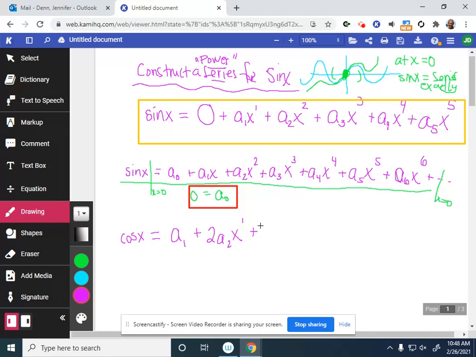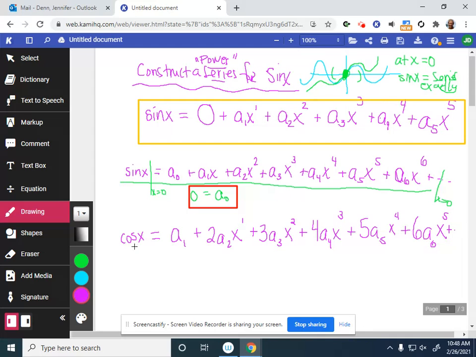The derivative of this will be 3, a sub 3, x to the second. The derivative of this will be 4, a sub 4, x to the third. The derivative of this will be 5, a sub 5, x to the fourth. The derivative of this will be 6, a sub 6, x to the fifth, and so on.